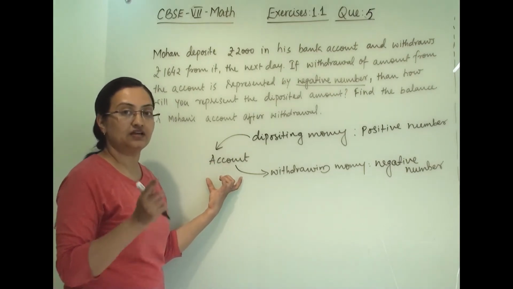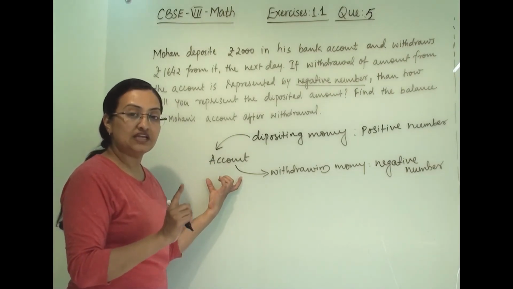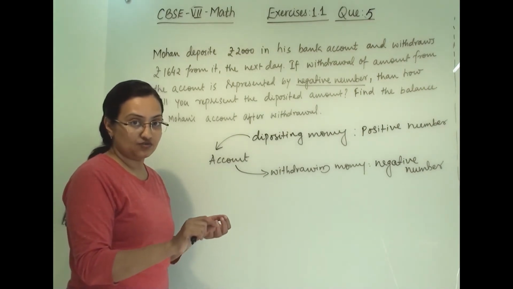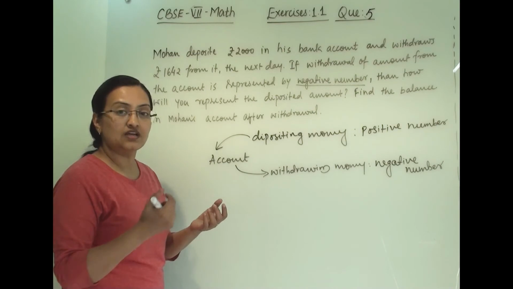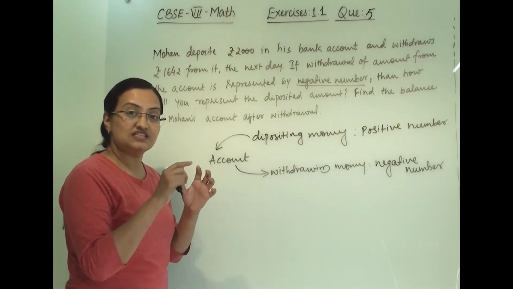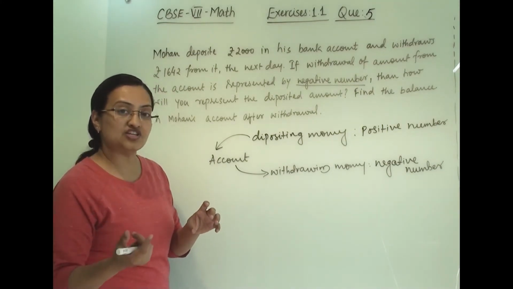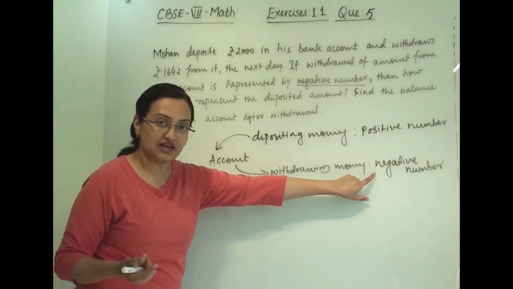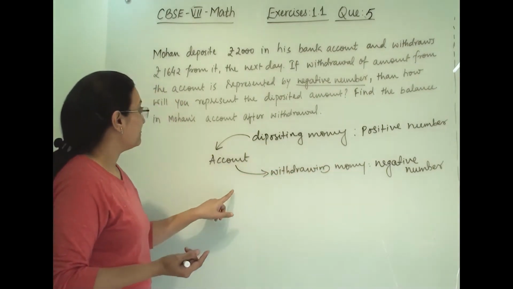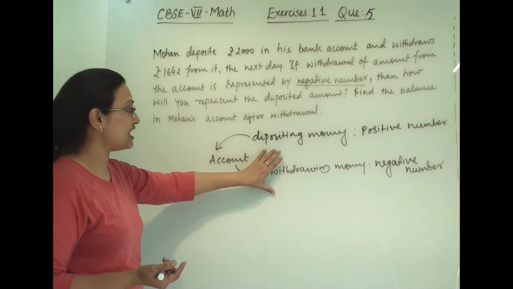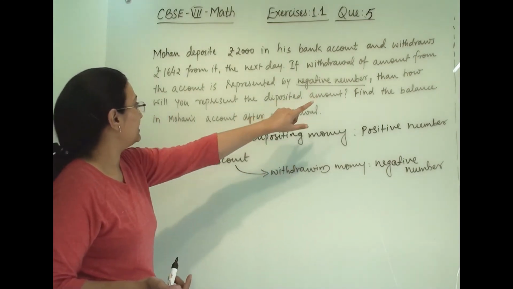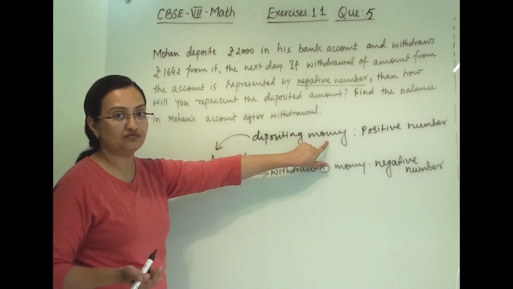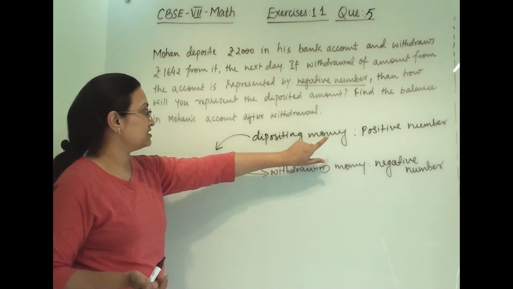When you are depositing money, you are adding into it. When you are withdrawing money, that much amount is being deducted from the savings, so we represent it with a negative number. This is the answer to the first question: with a positive number we will represent the deposited amount.